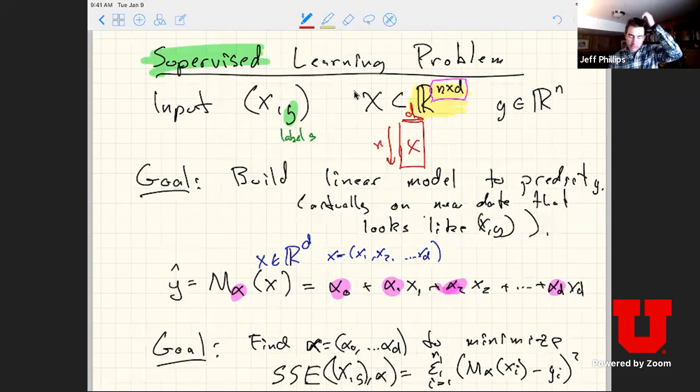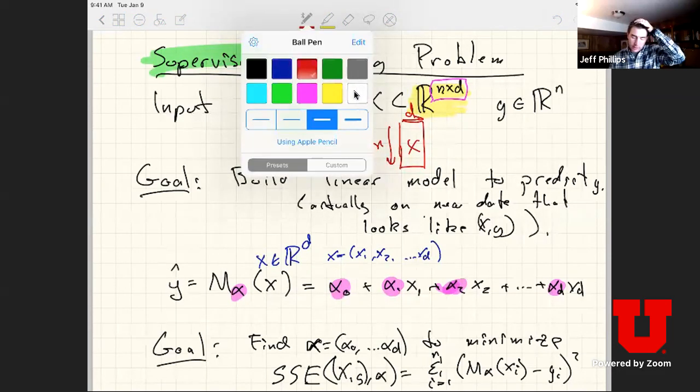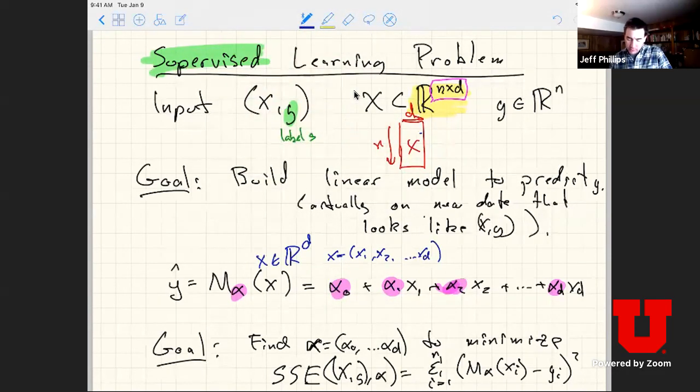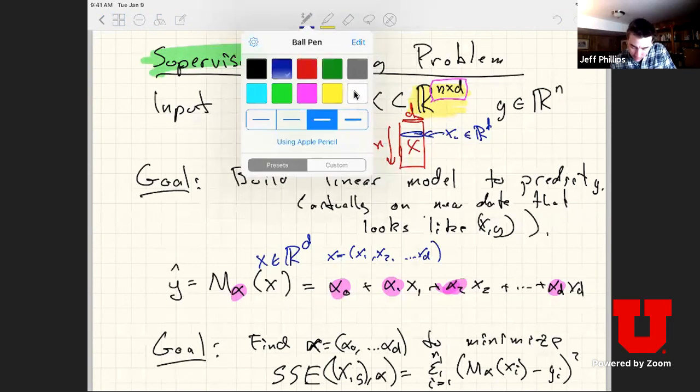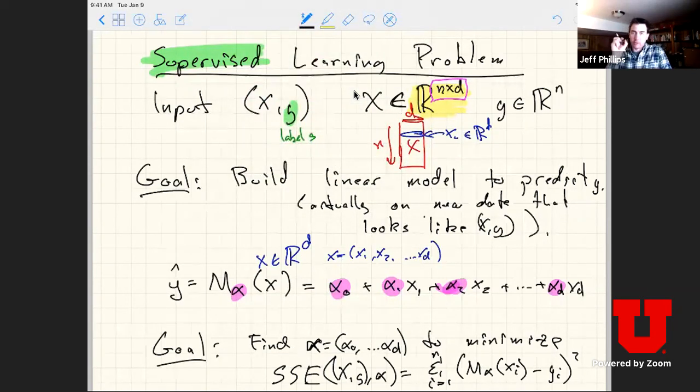Each of the actual data points, this is going to be xi, which is in Rd, but I'm going to have n of these, and I stack them in a matrix. Yeah, okay, great, you're right. That is an element of Rd, so it's an element of this n by d matrix. Great.